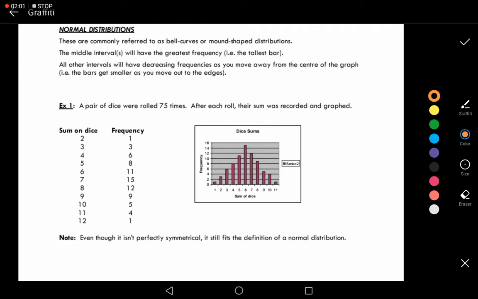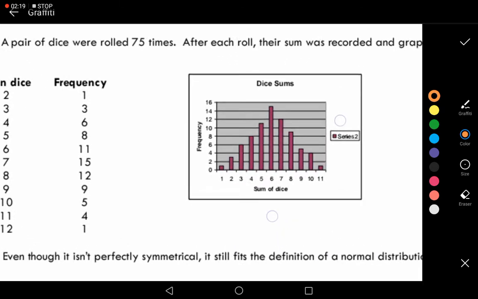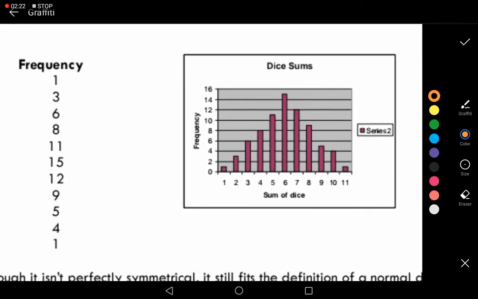For example, if we have a pair of dice and they are rolled 75 times, after each roll their sum was recorded and graphed. We have options for the sum on the dice, 2 to 12, and the frequency is how many times those were rolled. If we look at this graph, we can see that the middle number was rolled the most, and as we go either to the left or to the right, those bars are getting smaller.